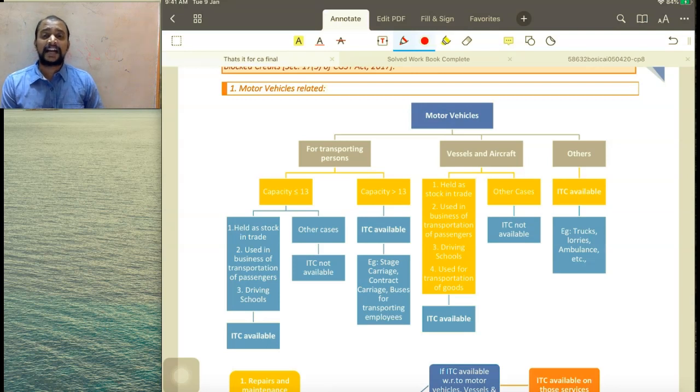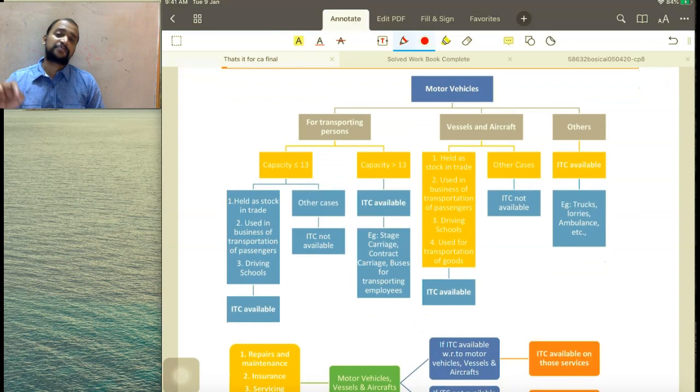On buses, can we take ITC? Yes, we can take ITC. What if the capacity does not exceed 13? Now, when you see the capacity, that is including the driver. Including the driver, capacity exceeds 13 or does not exceed 13. Driver seat also you add. If the capacity does not exceed 13, it is blocked credit. You cannot take ITC. However, we have exceptions to this.